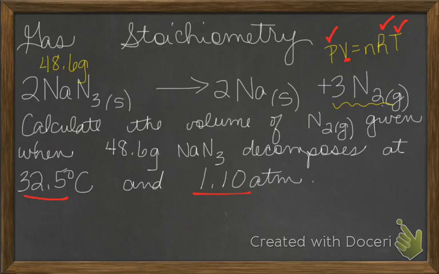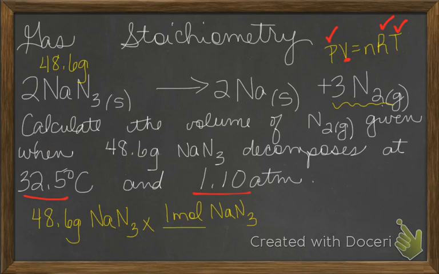We can calculate that using stoichiometry, because if we start with 48.6 grams of sodium azide, we can calculate how much nitrogen we'll make if we know how much of the reactant we have. And our first step would be to convert this to moles. The molar mass of sodium azide is 65.02 grams.